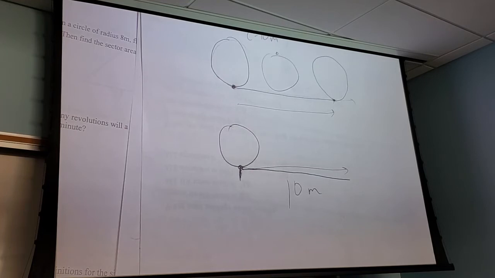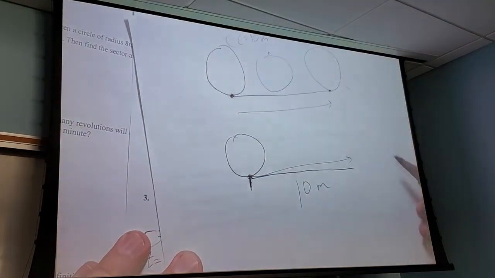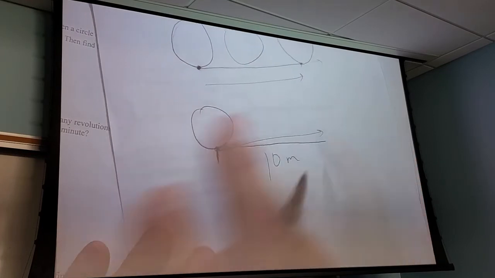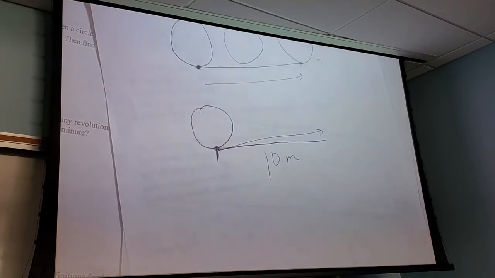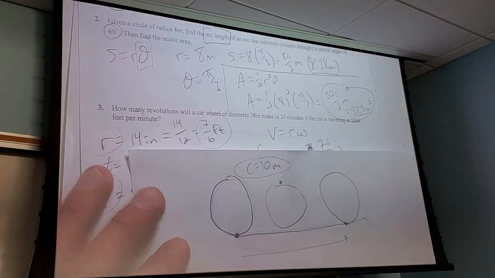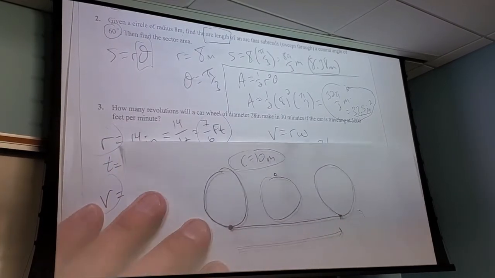Okay, so what am I saying? If I knew the circumference of my circle, and I know the distance I've gone, I could divide the two to see how many rotations it did. So look at this problem. Do I know the circumference of my circle, of my wheel?